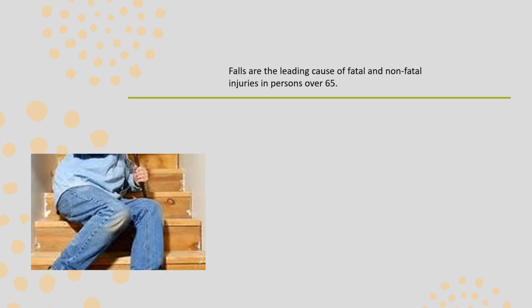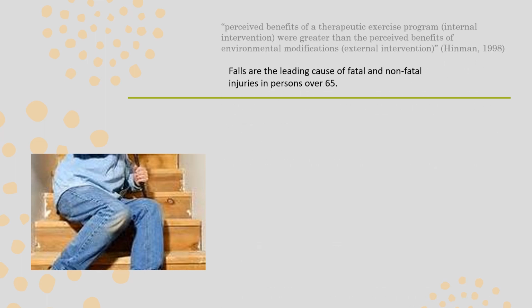Falls are the leading cause of fatal and non-fatal injuries in persons over 65. What did the people over 65 attribute their falls to? Hinman says that they feel that an internal intervention such as an exercise program is more beneficial than environmental modifications.